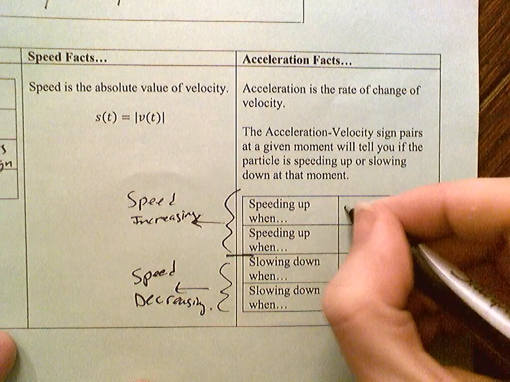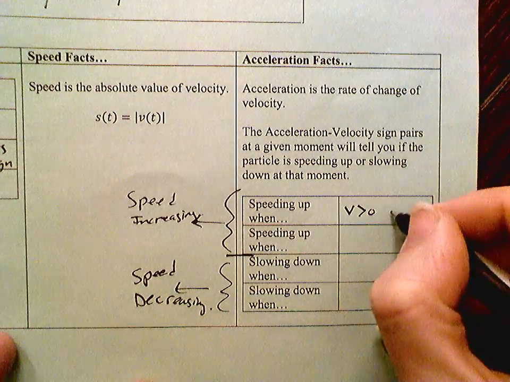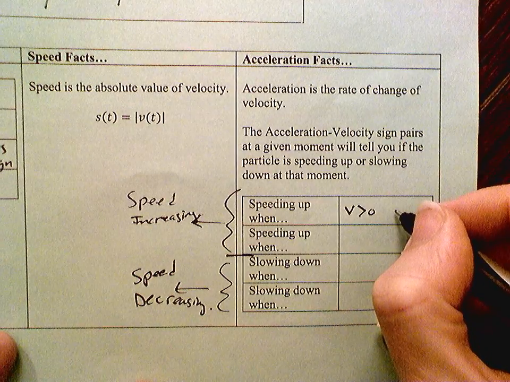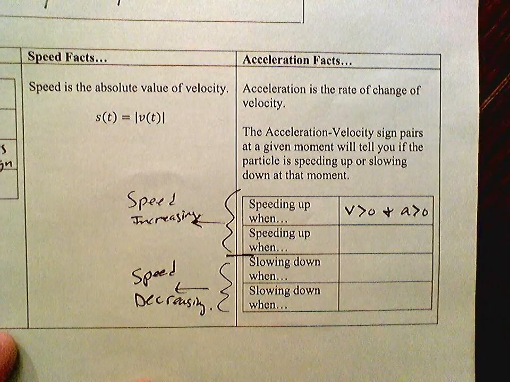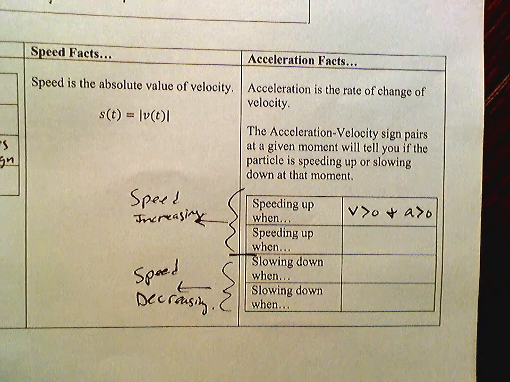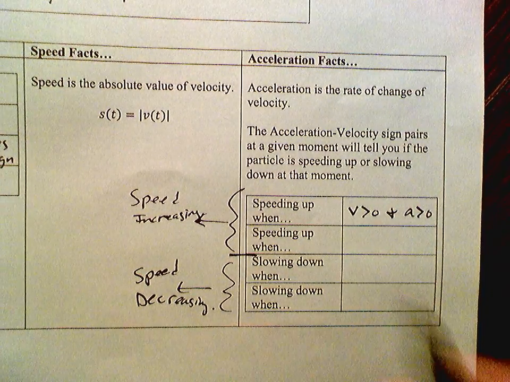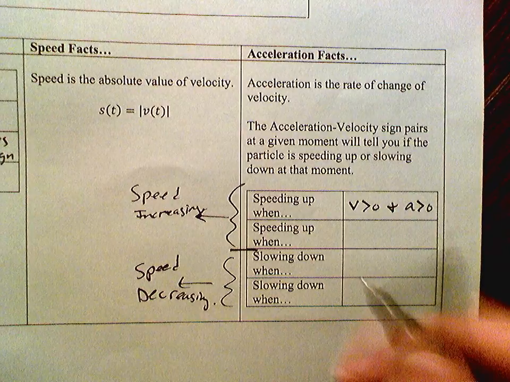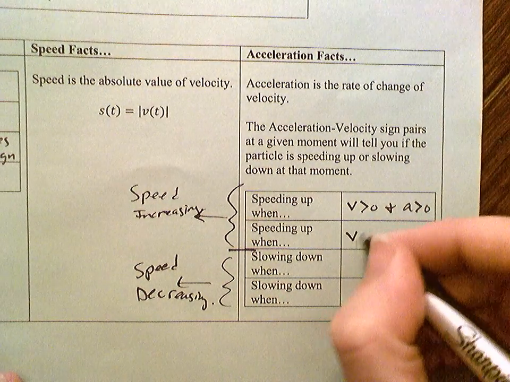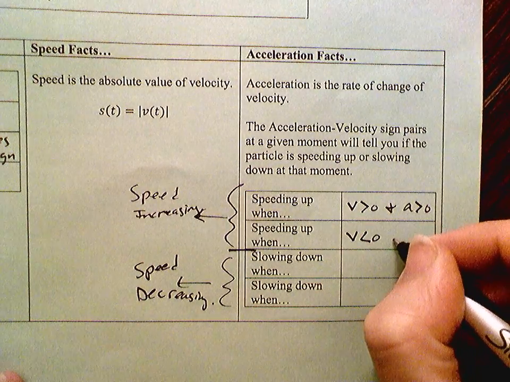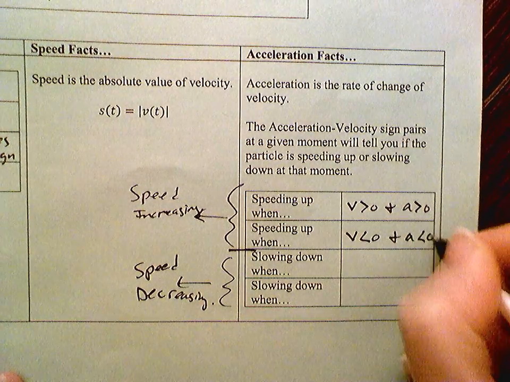So speeding up when velocity is greater than 0 and acceleration is greater than 0. That's one situation where they have the same sign. They're both positive. But another situation is they could both be negative and the particle would still be speeding up, because as long as the velocity and acceleration have the same sign, the particle is speeding up.